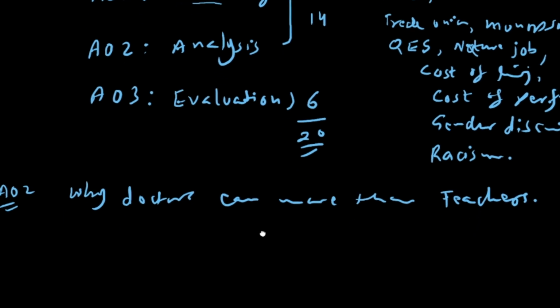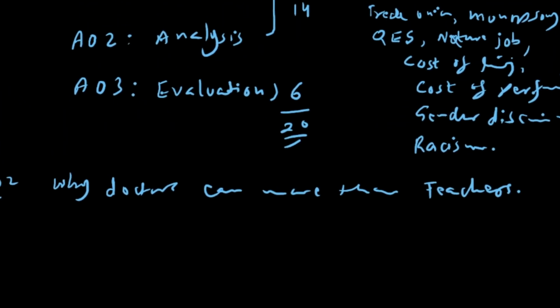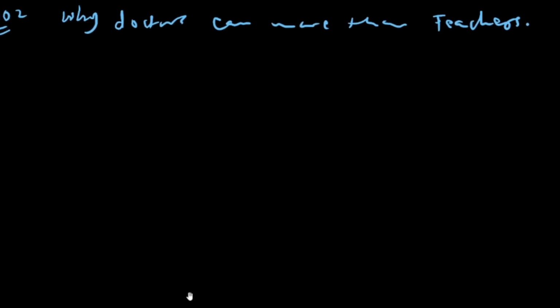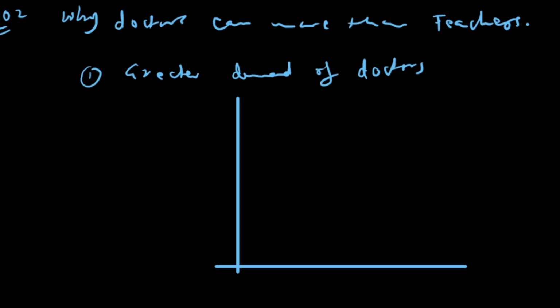So you will use these factors that I have mentioned here. So the first factor that you can use is that there may be greater demand of doctors as compared to teachers, and when demand of doctors is high, their wages will be higher than the teachers.